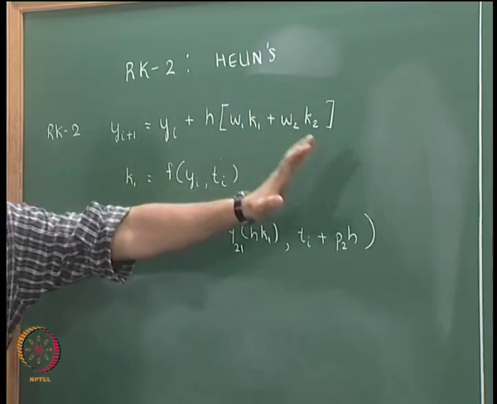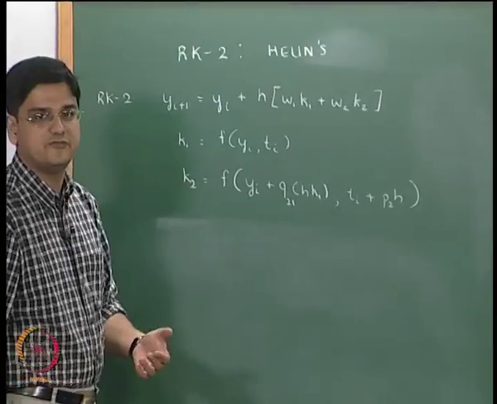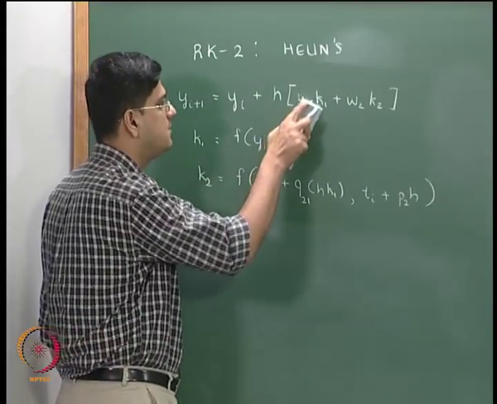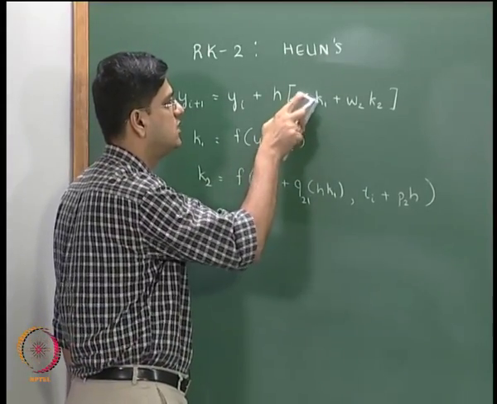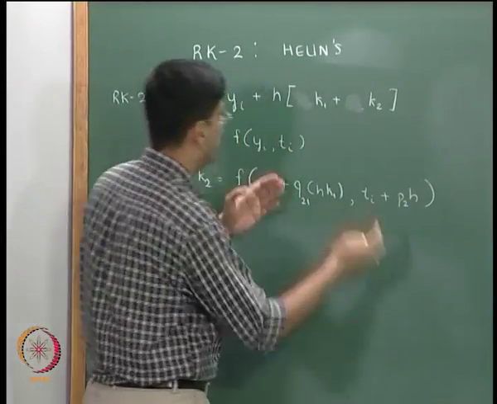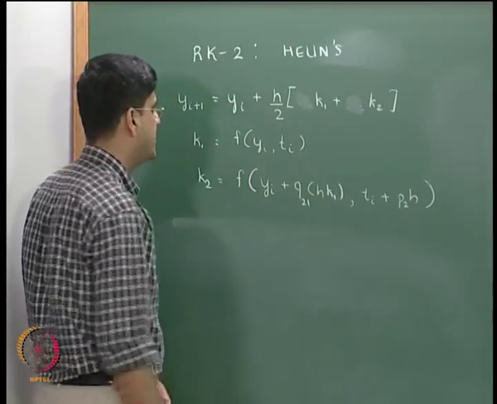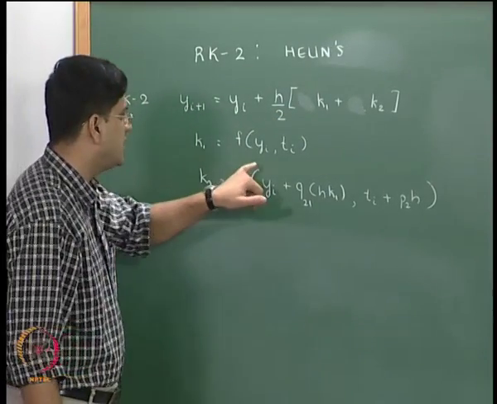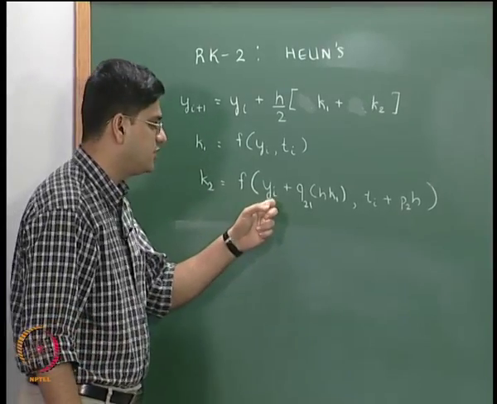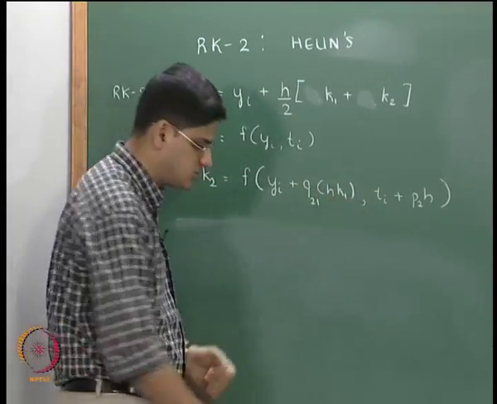The general RK2 method I had already written down on the board. So for Heun's method, the weights W1 and W2 are 1 by 2 and 1 by 2. So I will replace W1 and W2 by half each, and I will take half outside the bracket. So we will get this as h by 2. K1 was nothing but f computed at yi comma ti, and K2 is f computed at yi plus h multiplied by k1, that was what Heun's method was.